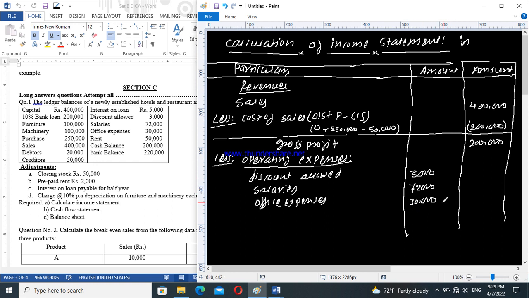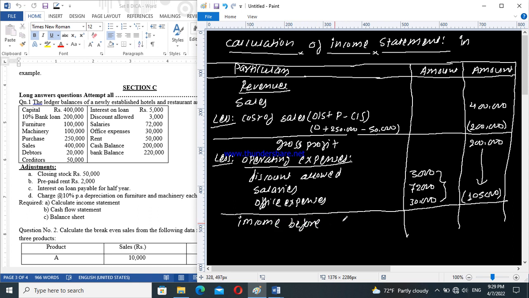Therefore, total operating expenses is 1,05,000, the summation of these three numerical variables, and deduct this from the gross profit to find out the income before fixed charges.